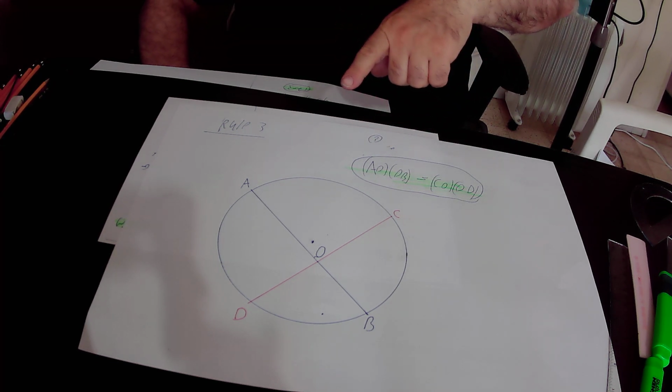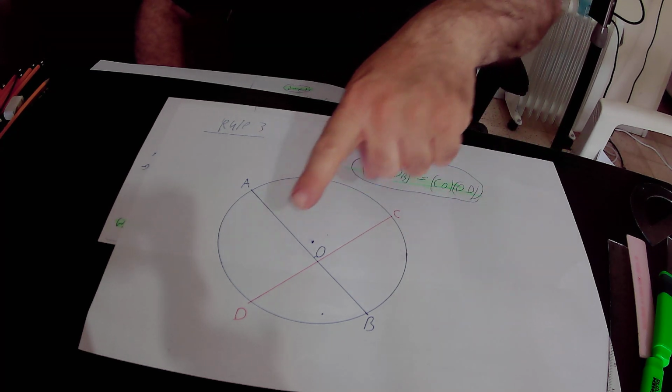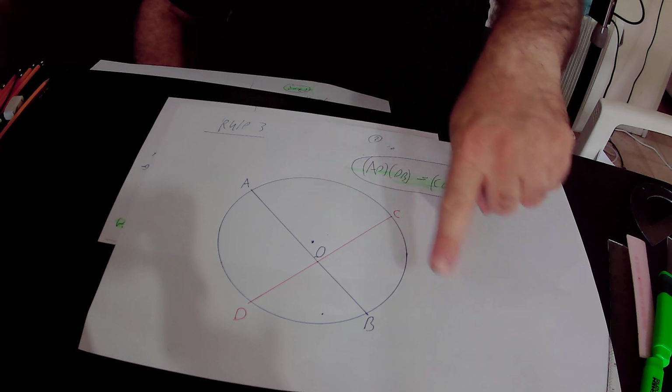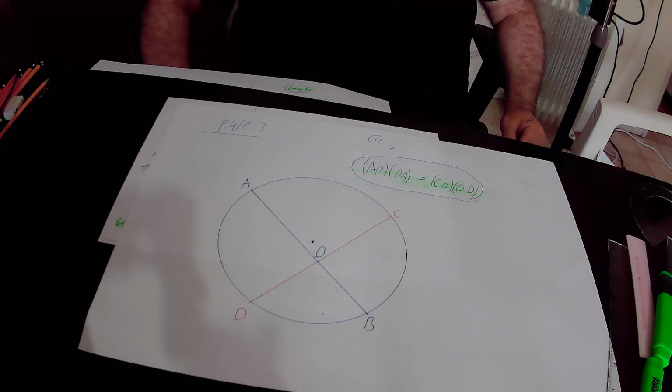That is to say, AO times OB equals CO times OD. Again, AO times OB equals CO times OD. It is true in any circle, in any two chords that intersect with each other.